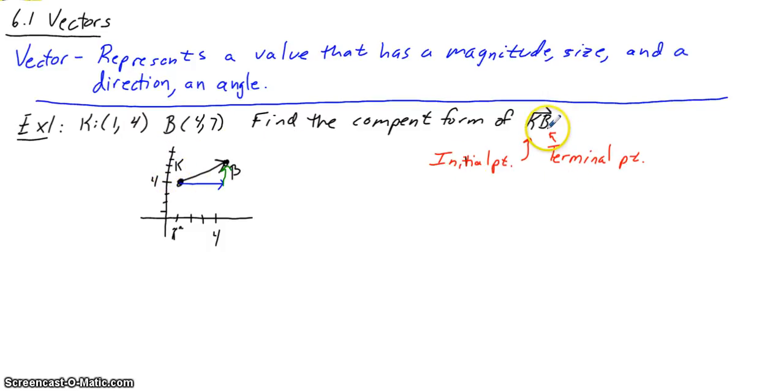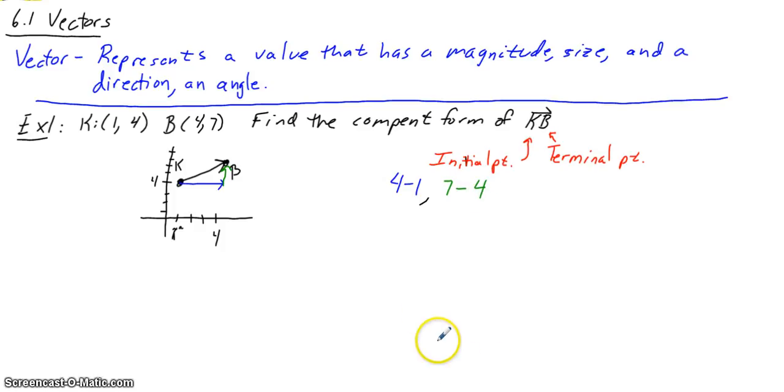So the X coordinate from B minus the X coordinate from K, so 4 minus 1, and then do the same thing for the Y, Y coordinate minus Y coordinate, terminal minus initial.